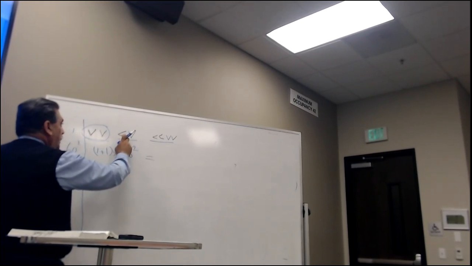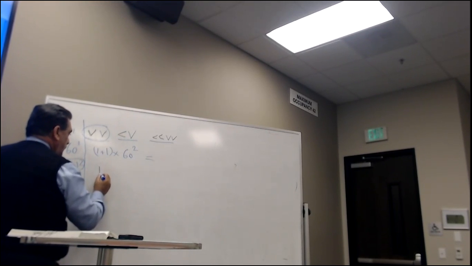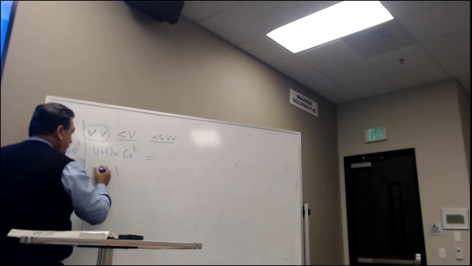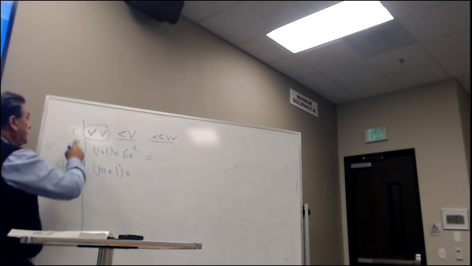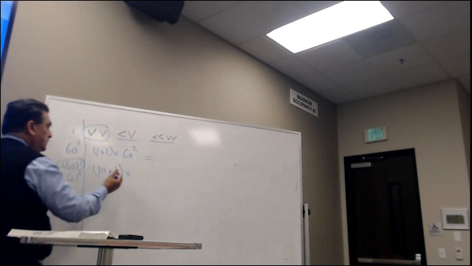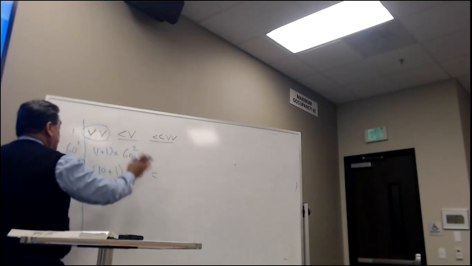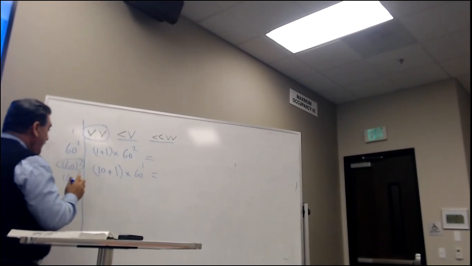What is this arrow? 10. And what is this one? 1. This is the second position, so it's times 60. So don't do n minus 1 for these other systems. That's only for the Arabic system.